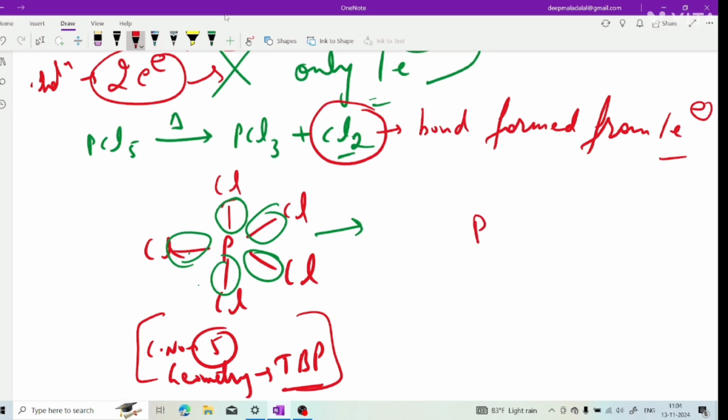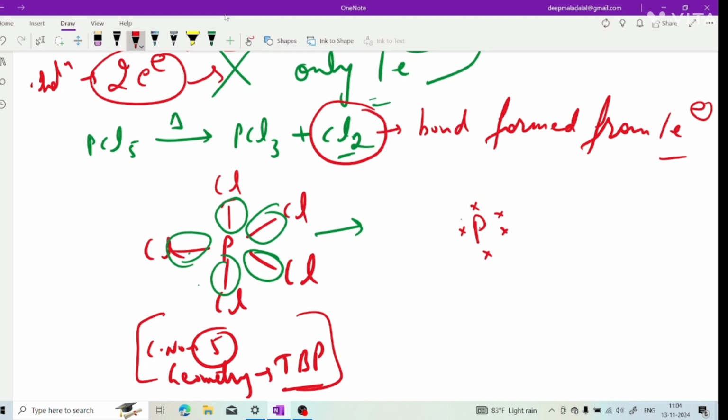First of all, write down the central atom, that is phosphorus, and give its valence electrons. The valence electron of phosphorus is 5, that is 1, 2, 3, 4 and 5.